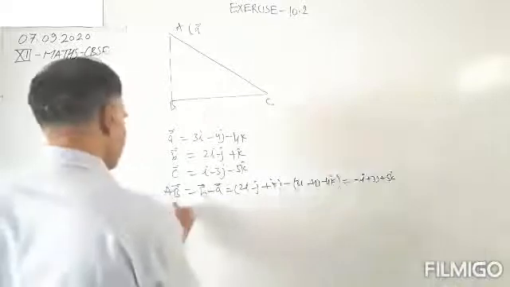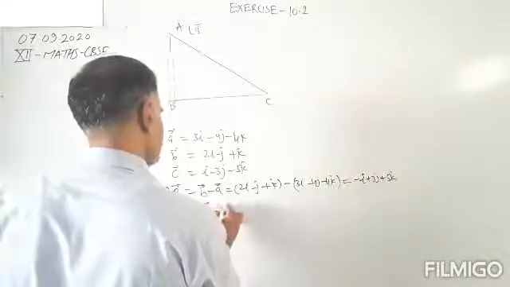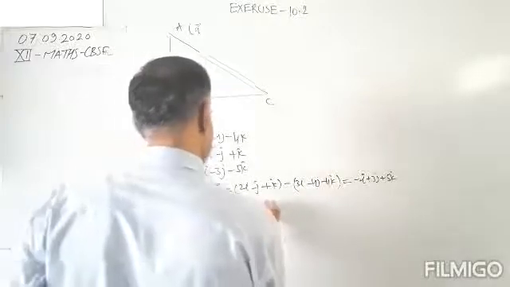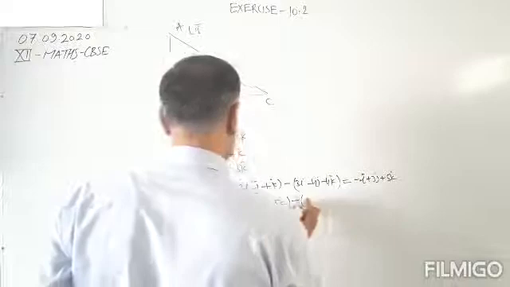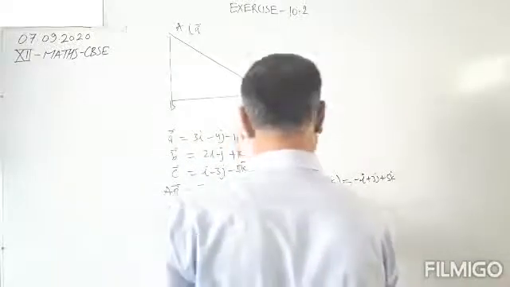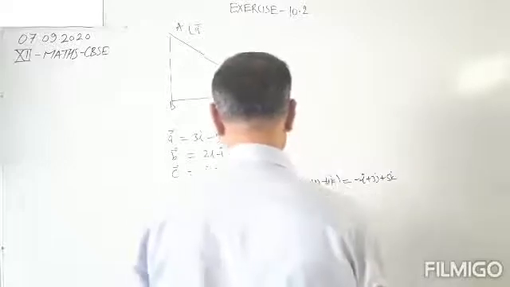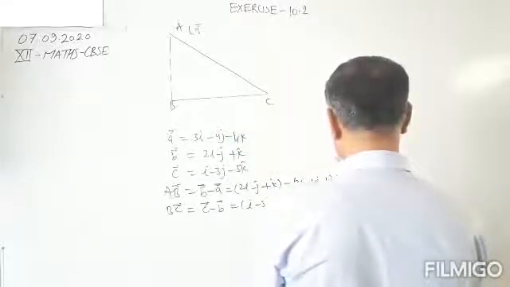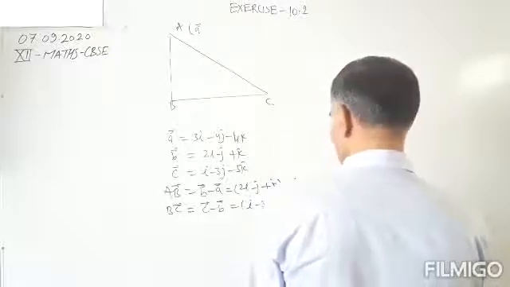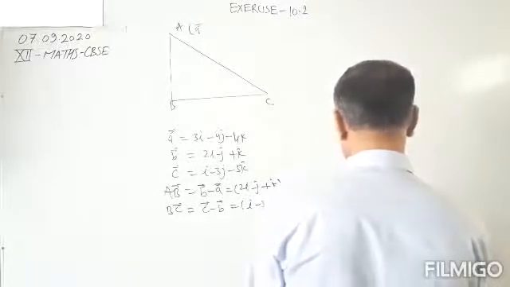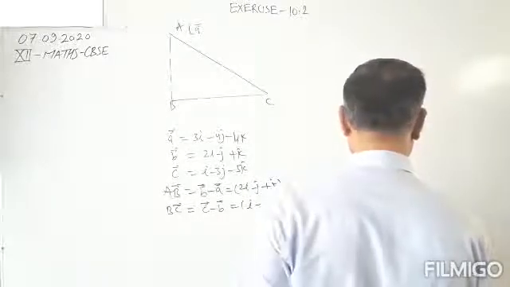Now BC vector equals C vector minus B vector, that is i cap minus 3j cap minus 5k cap minus (2i cap minus j cap plus k cap), which is i minus 2i, that is minus i, minus 3j plus j, that is minus 2j, and minus 5k minus k, that is minus 6k.